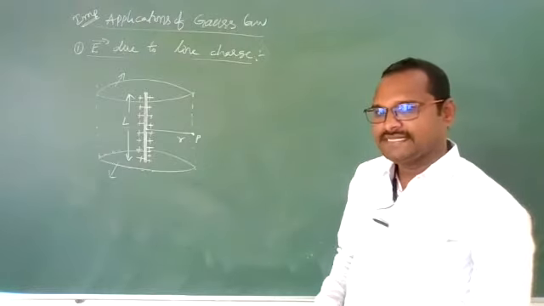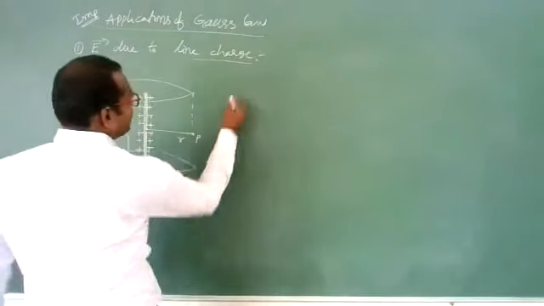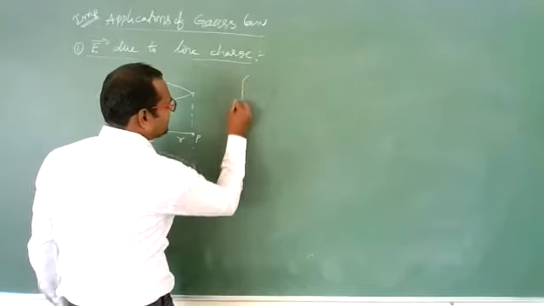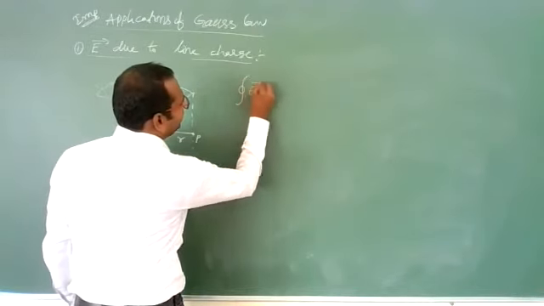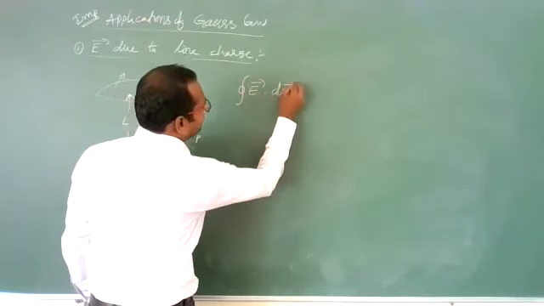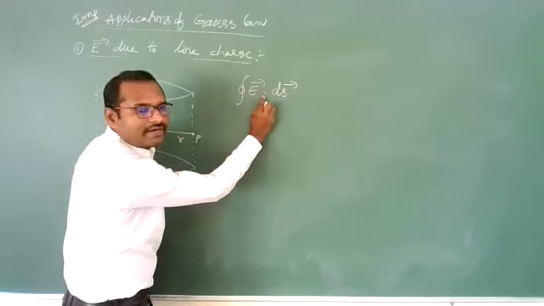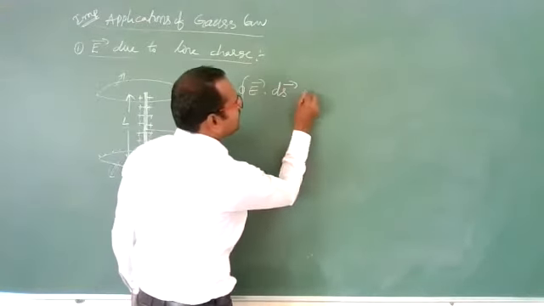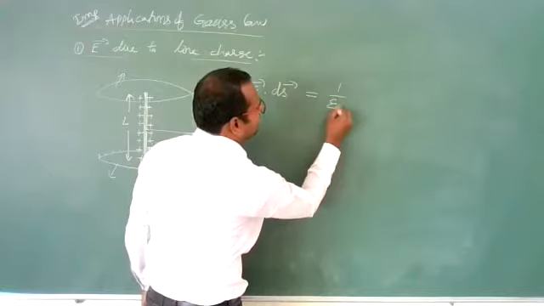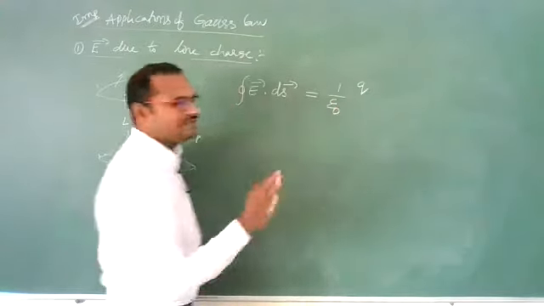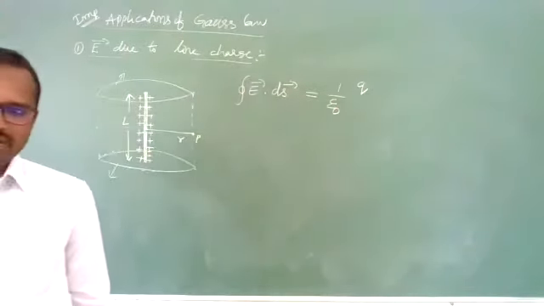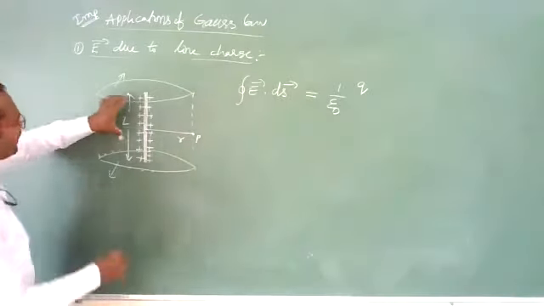Now use Gauss law. According to Gauss law, the surface integral of the electric field dot product over a closed surface is equal to 1 by epsilon naught times the charge enclosed within that surface. How much charge is there on that line charge?